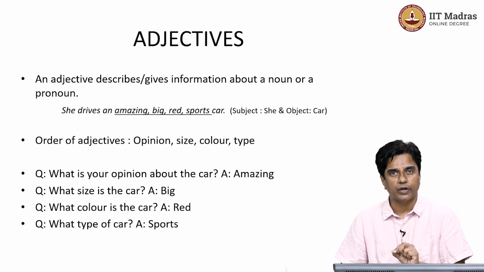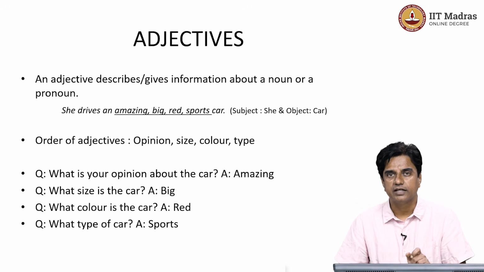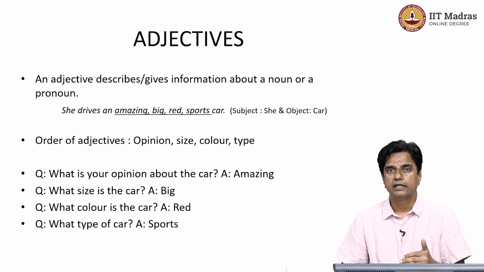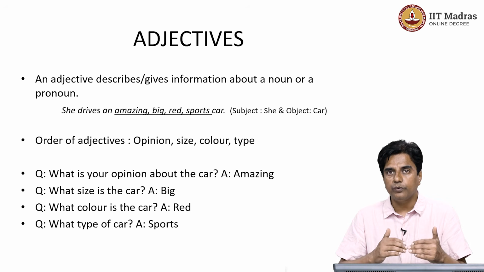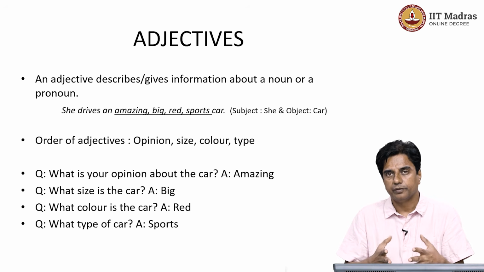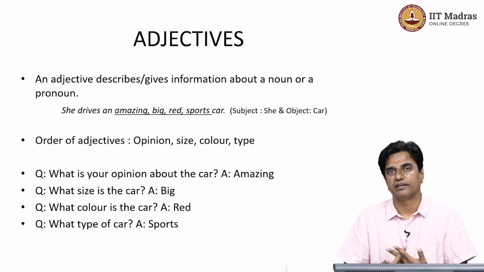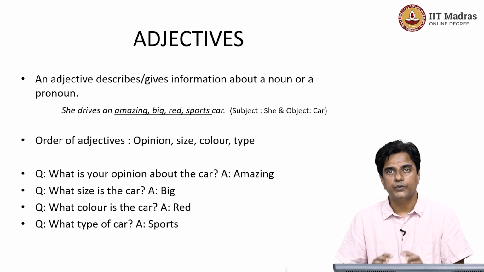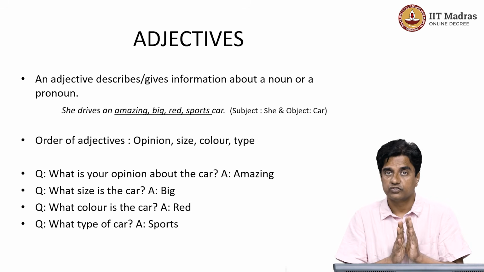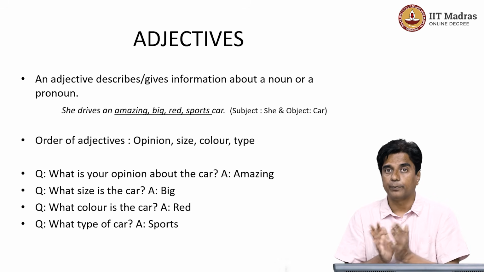Nouns and pronouns are two separate parts of speech because they are two different words. But categorically, a pronoun is also a noun because a pronoun comes in place of a noun. So, a pronoun is also a noun, but as parts of speech, they are two different things. So, we have nouns and pronouns.